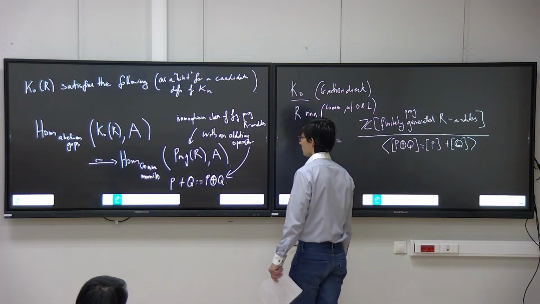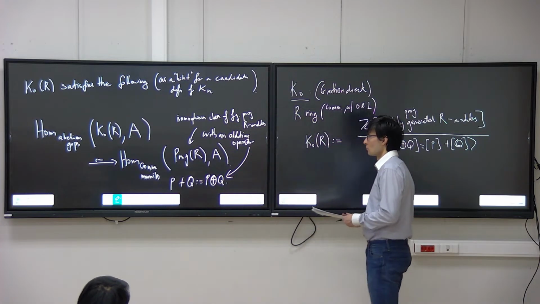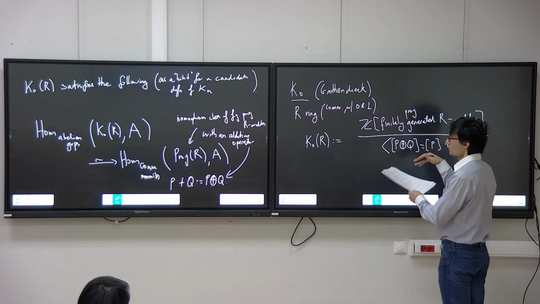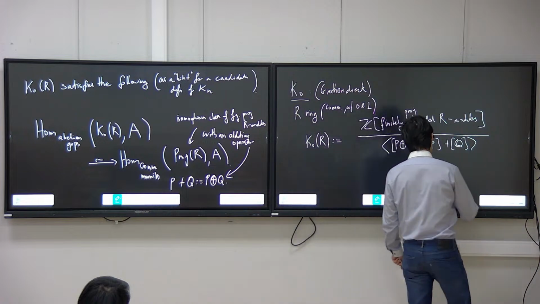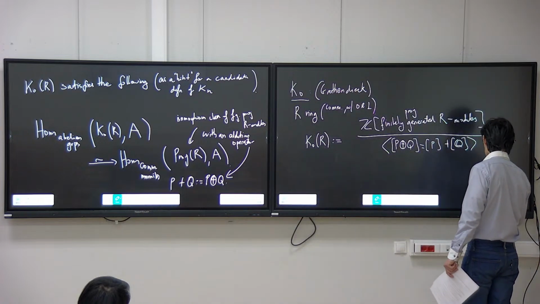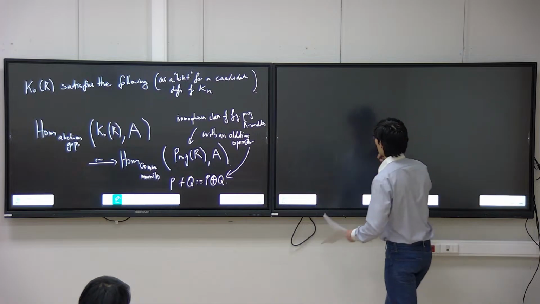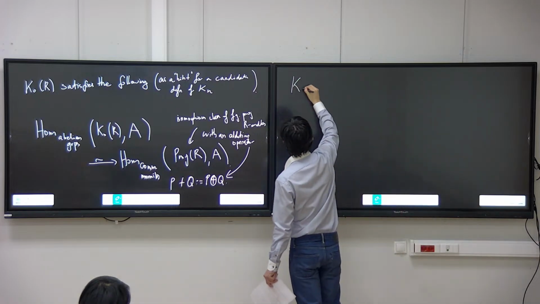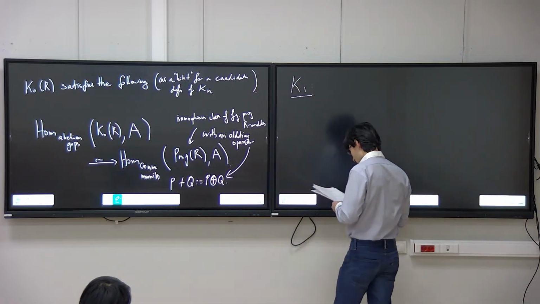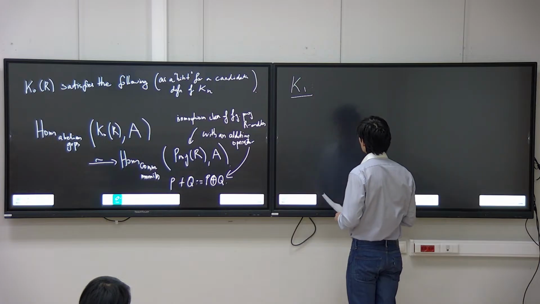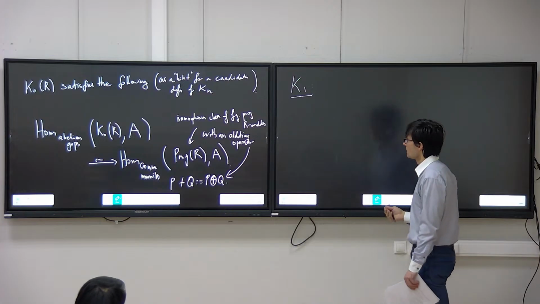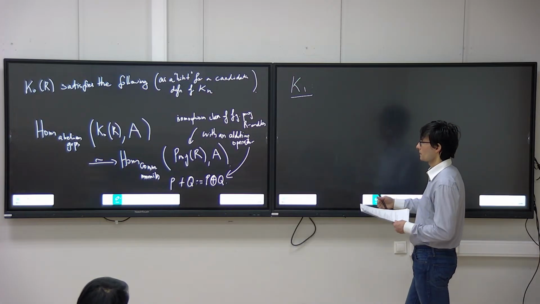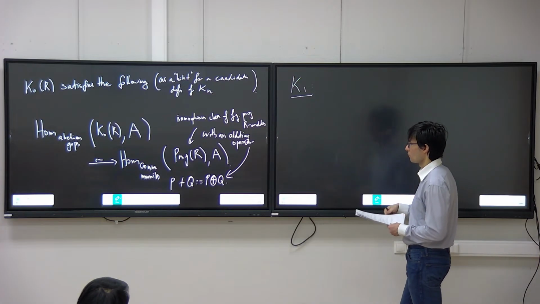So higher Kn groups, due to the modern definition, will be some kind of similar version of this. Okay, before we get to higher K groups though, we can look at what K1 should be. It was observed fairly early on that K theory should satisfy some kind of descent for closed covers.